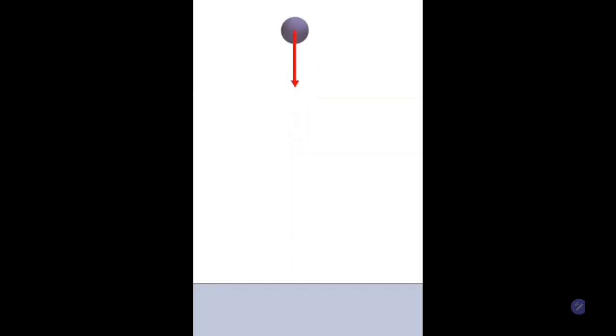The ball's velocity reaches 0 at the maximum height. Then the ball returns back, and the velocity keeps increasing in the negative direction. The more interesting thing here is the acceleration direction. The red arrow represents g. It's always the same magnitude, all the way down or all the way up, and it's directed downward.